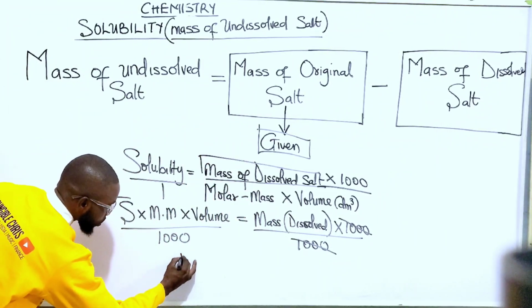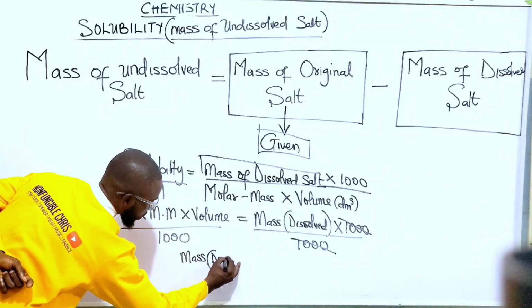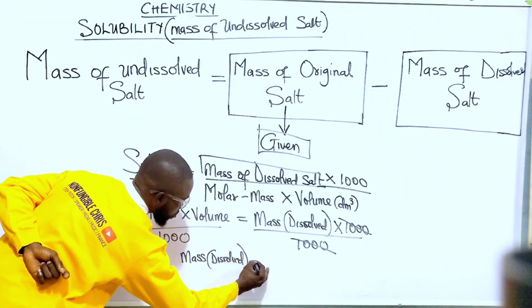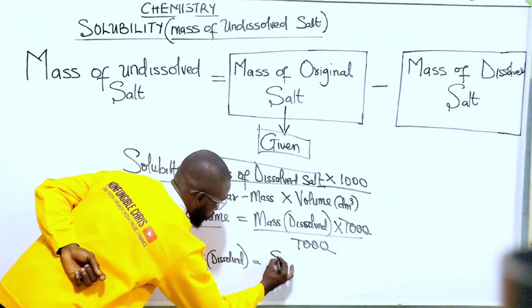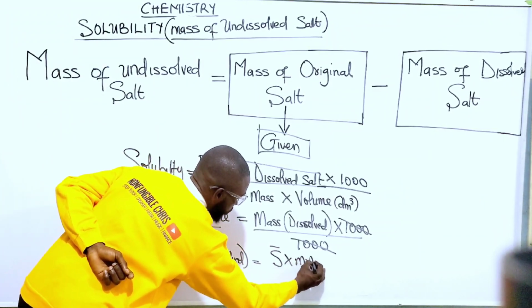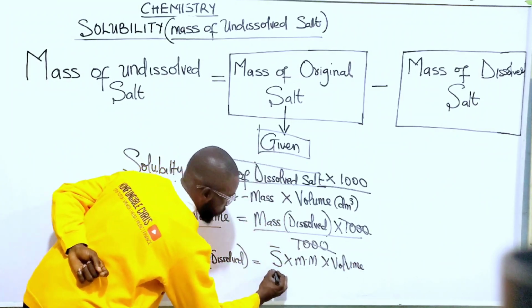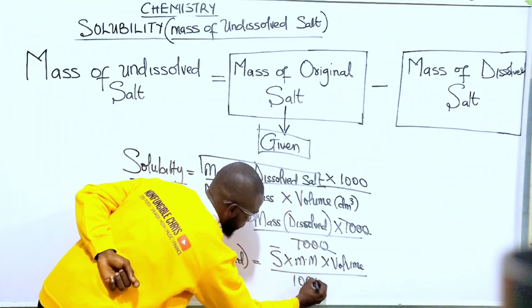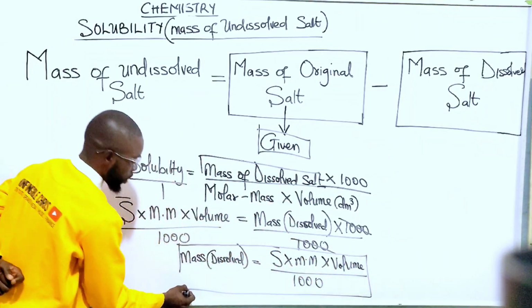Thereby our mass of dissolved salt becomes solubility times molar mass times volume over 1000. That's how to get the value of the mass of the dissolved salt.